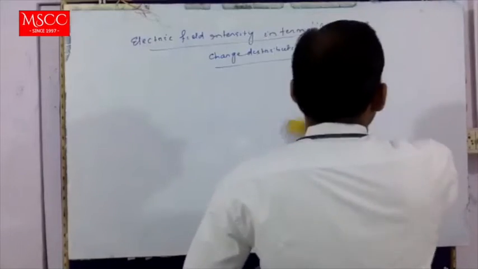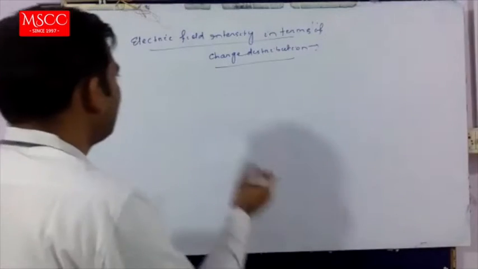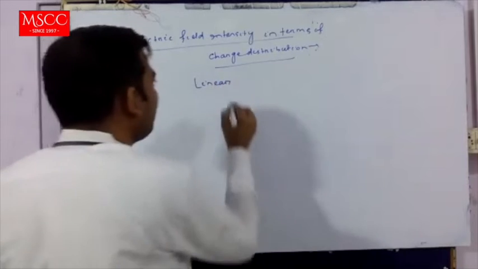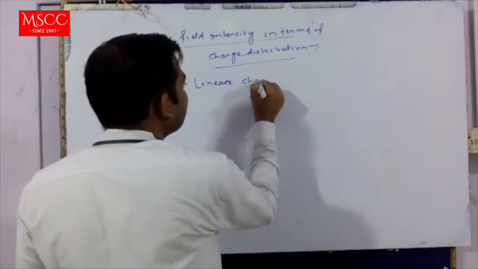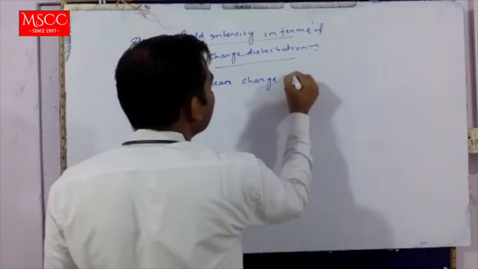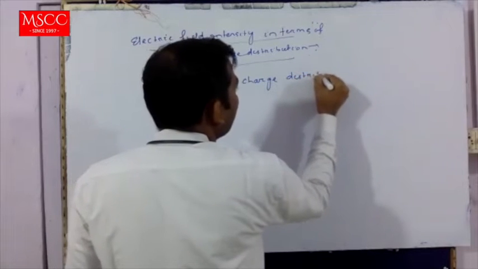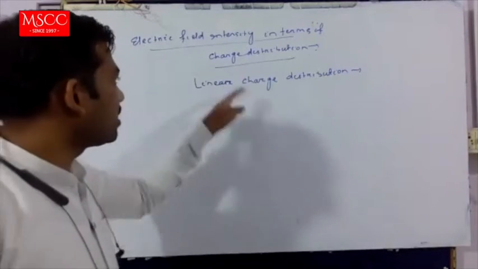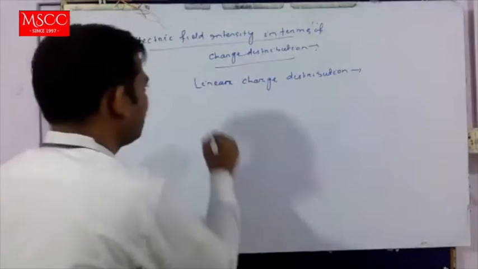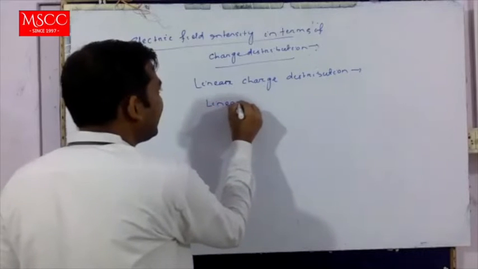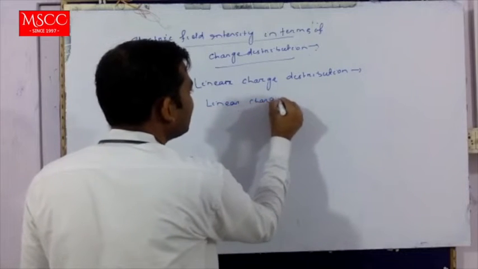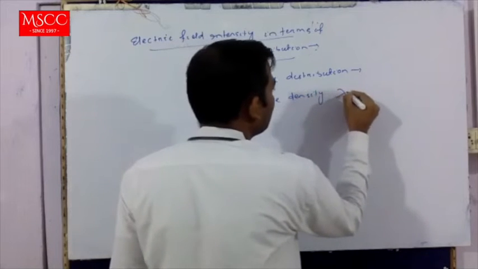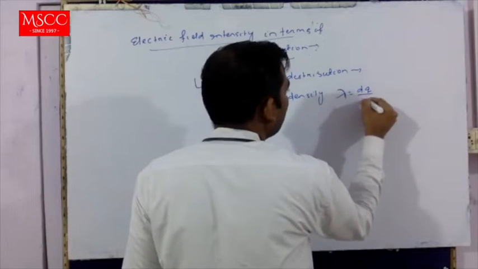Write down, in case of linear charge distribution, linear charge density lambda equals dq by dl.